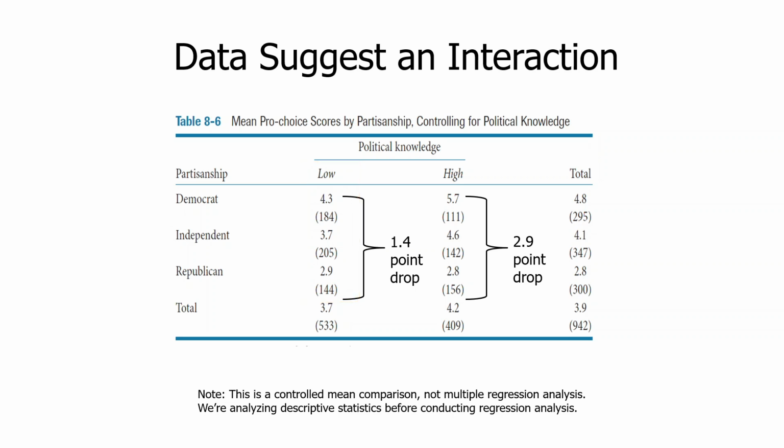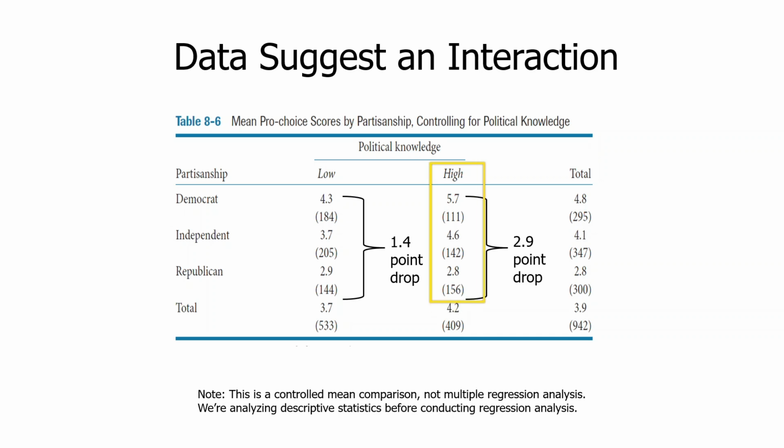So if you were just summarizing the effect of partisanship for low knowledge respondents, you would say the scale drops 1.4 points across the range of the independent variable. Is this going in the hypothesized direction? Yes. Is it a noticeable effect? Yes, it is.